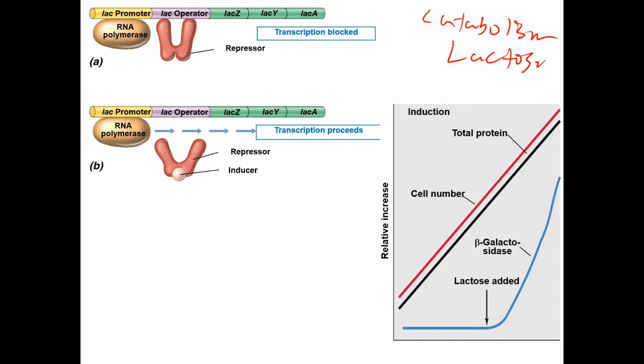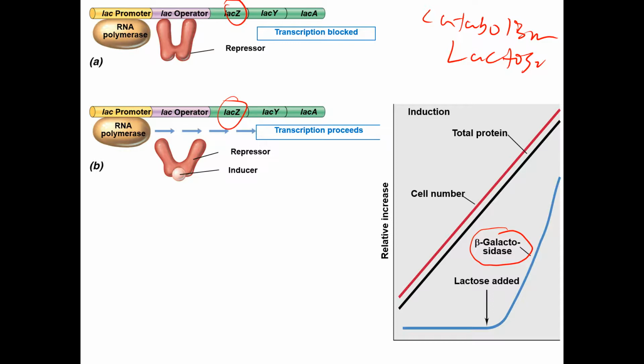Cell number is increasing and total protein is increasing, even before anything is added. As soon as lactose is added, you have a relative increase in the expression of a very specific protein, in this case beta-galactosidase, encoded by the lacZ gene. So this is an induced operon.